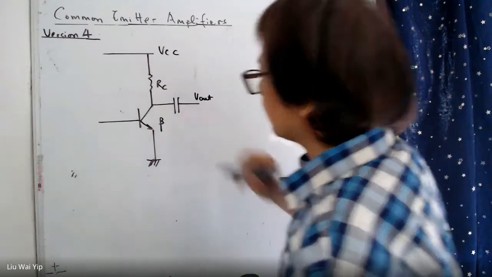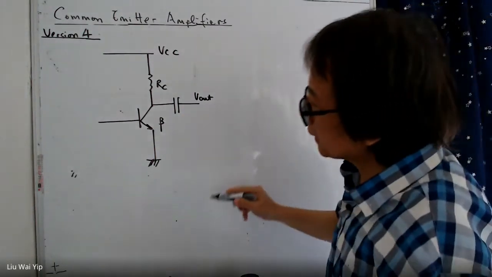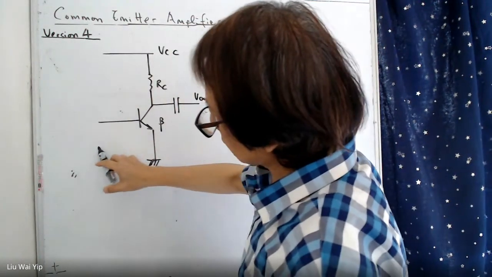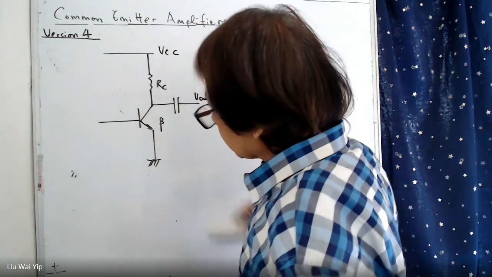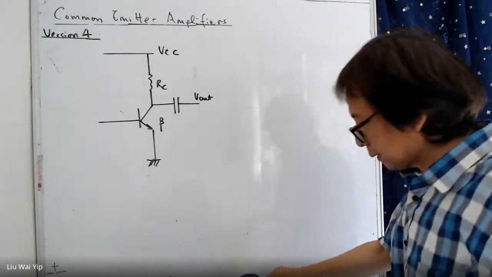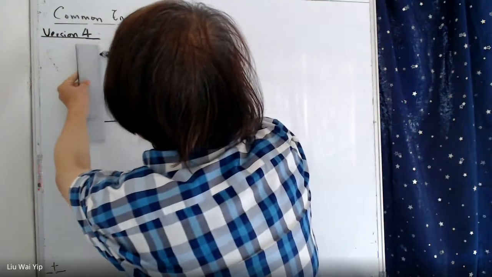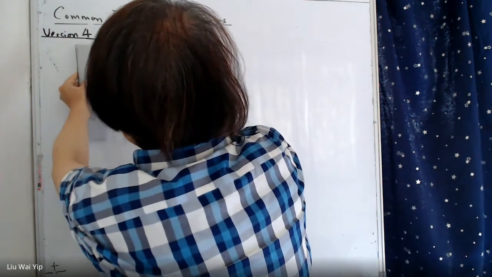And beta will be given. And previously, we have tried to bias the network. But now, what if we want the voltage to be floating? So we can have this way.